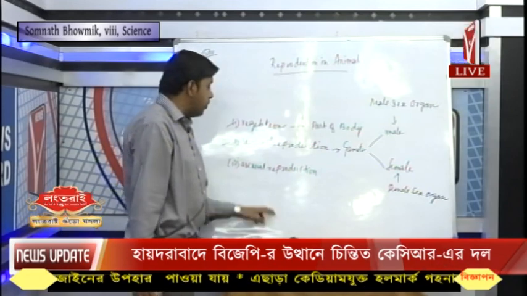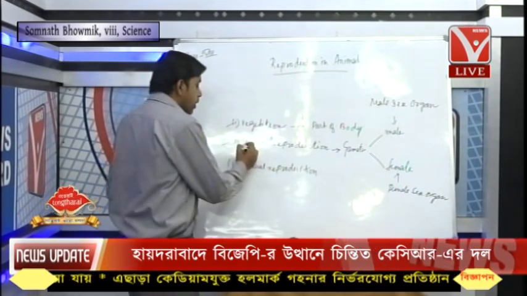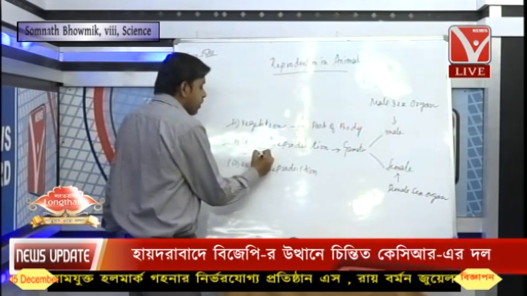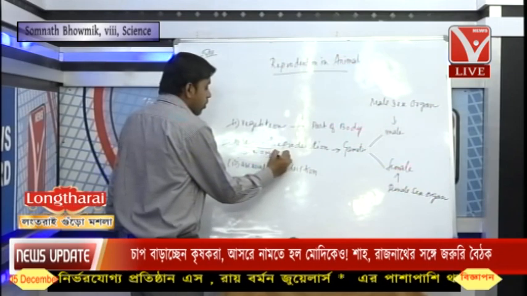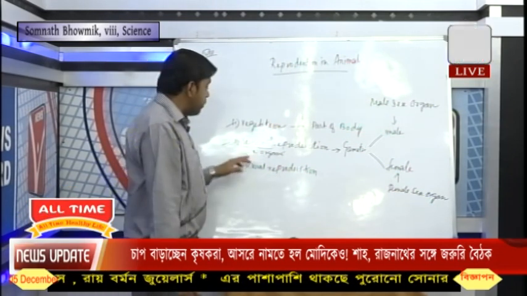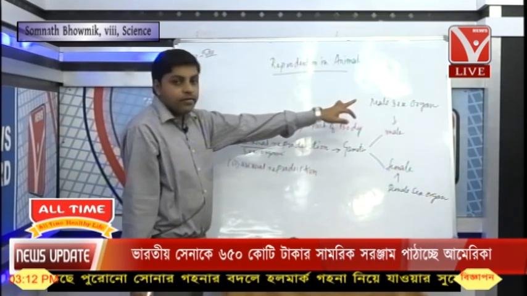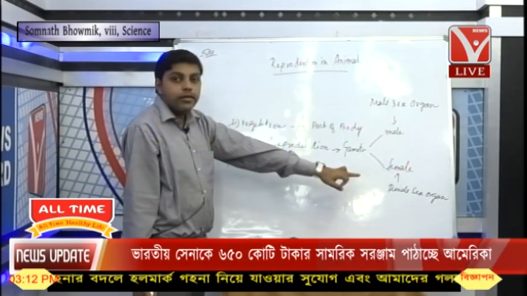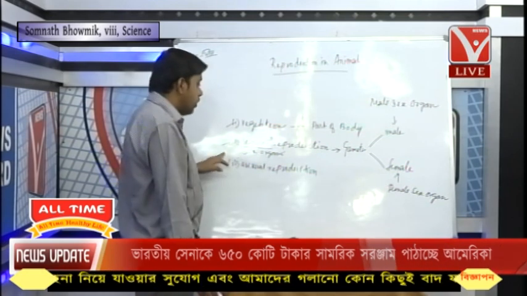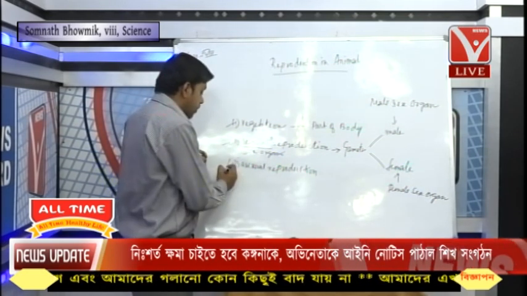So in sexual reproduction, there is involvement of sex organs, the male sex organ and the female sex organ. This is very important. So that is sexual reproduction.